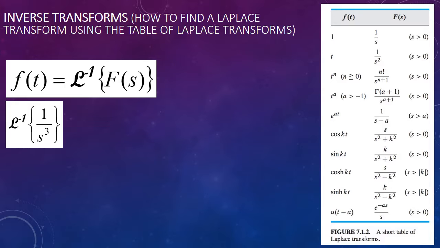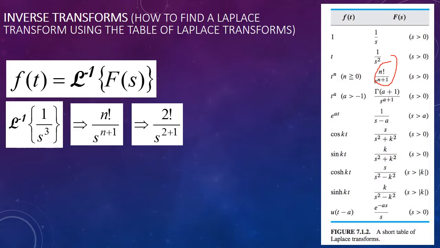So I look in this Laplace transform table for something like that, and the closest one I have is this one right here. So what I'm going to do is, that's the closest one I have, and so my n plus 1 has to be 3, so that means my n has to be 2, but I don't have a 2 factorial. Well, 2 factorial is just 2.